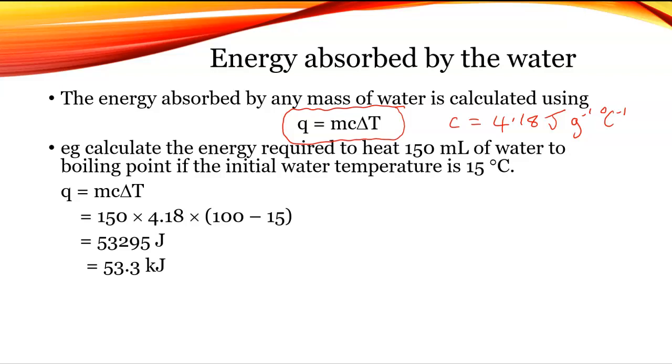An example is given here. We're wanting to heat this water to boiling point, so that's why the delta T has to be 100 minus 15, because we're starting at 15 and we want to get up to 100 degrees. So that's 85. And we multiply by the mass of the water, because the density of water is best expressed as 1.00 grams per milliliter.